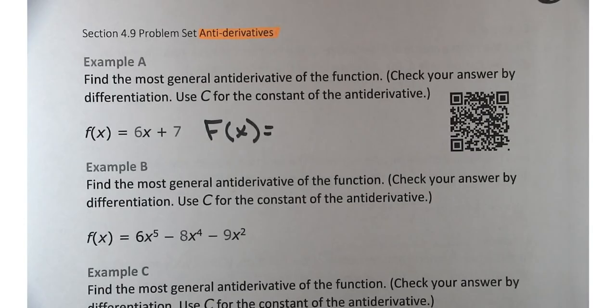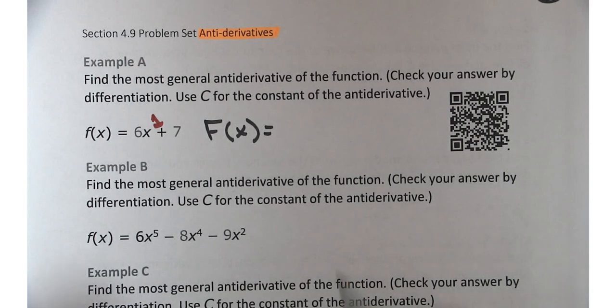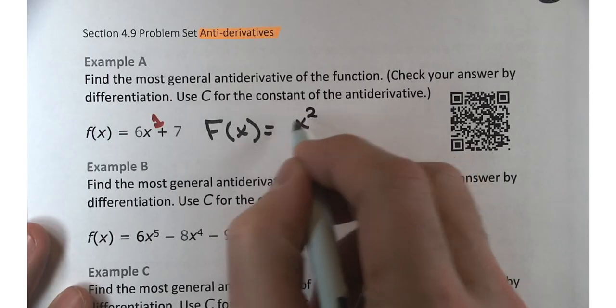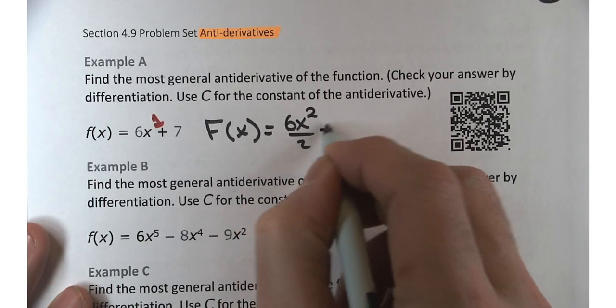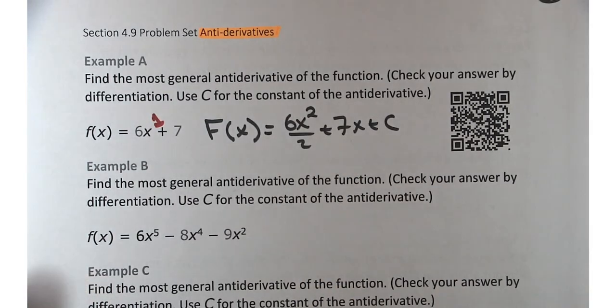Now, kind of like our previous one, it's not really written, but it's understood that there's a 1 here. So your first step is going to be to do x to the 2nd divided by 2, and here a 7x. And finally, don't forget that constant.